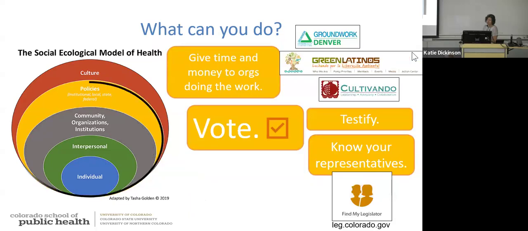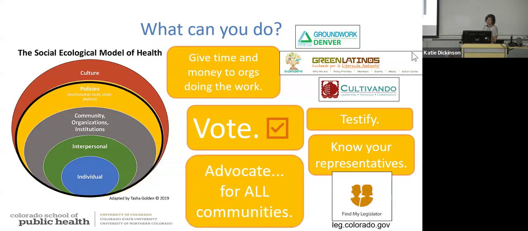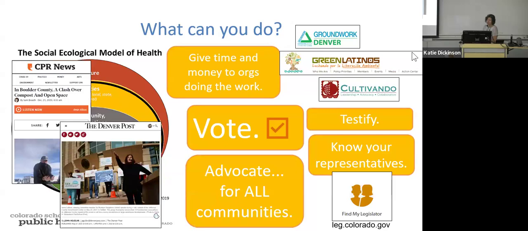And then at that policy level, right? So really looking up and seeing where we can intervene to make the structures that we operate in more just, finding your legislators. It's an election year, please vote. And advocating for all communities. I think sometimes these are some examples of that NIMBY.